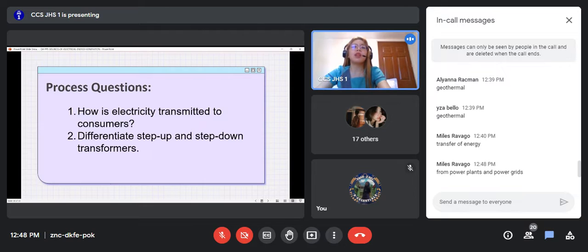Differentiate step-up and step-down transformer. What's the difference between a step-up and step-down transformer?